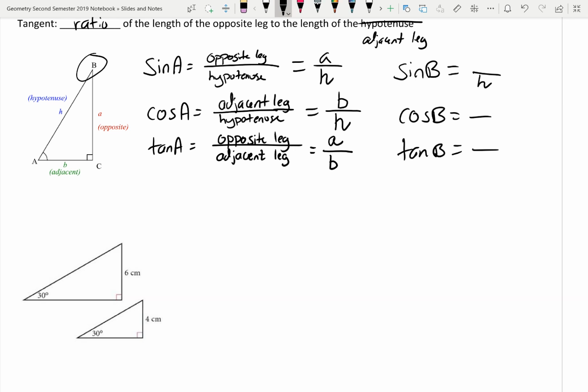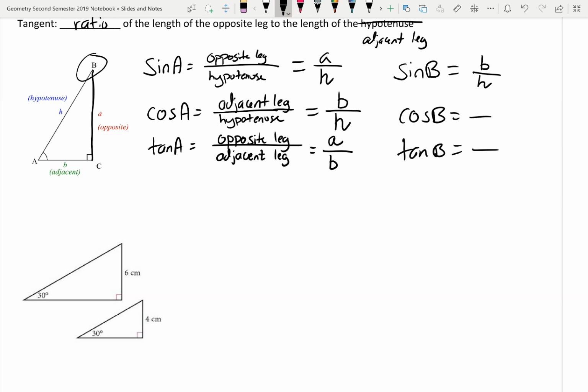The words opposite and adjacent refer to locations of the legs with respect to the angle you're referring to. So if you're referring to sine of A, the side opposite it is A. And the adjacent is B. Hypotenuse is H. If you're referring to angle B, the side opposite angle B is side B. So that's the side opposite angle B. The adjacent leg is the one that touches it.